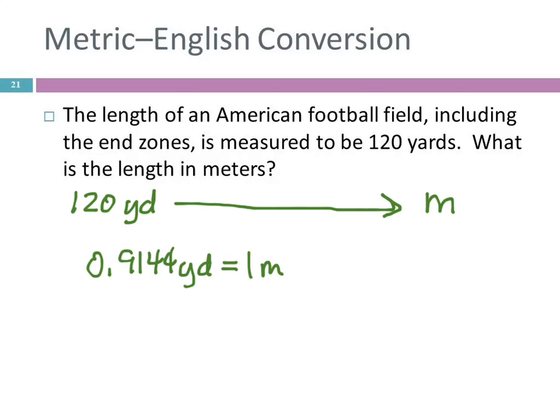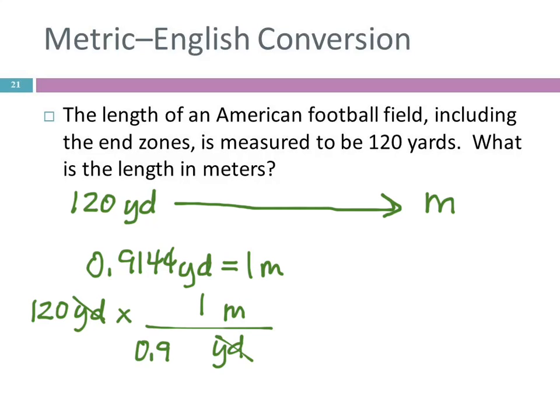So 120 yards, and the map says yards to meters, so we're going to put meter on the top, and we're going to put yard in the bottom because these need to cancel out. We look at our unit equation, and we see 1 meter is equal to 0.9144 yards.